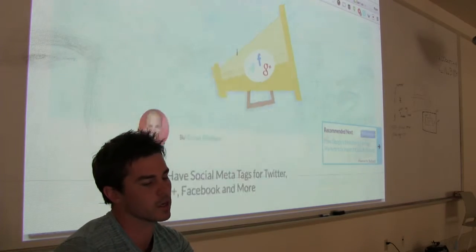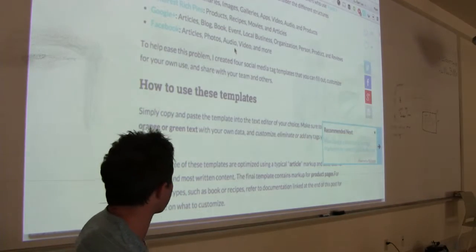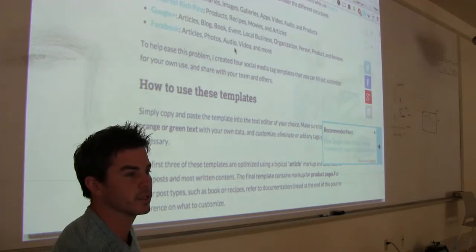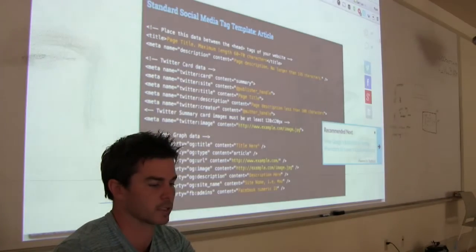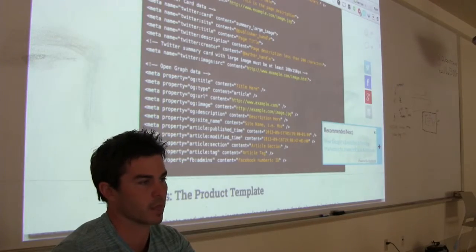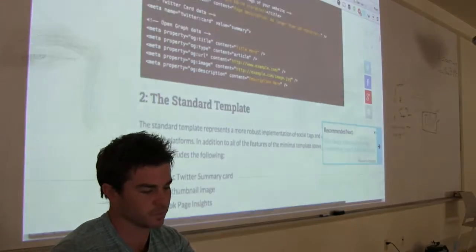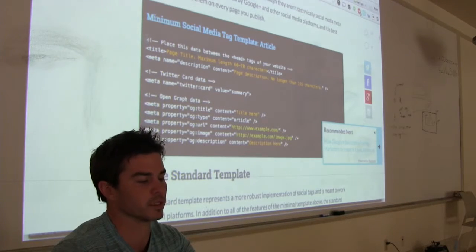So we have this article right here on how to make your site maximized for social media sharing. And you have the minimal template, you have the standard template, and it can start getting real complex, right? So we're just going to keep it nice and easy, and grab the minimal social media template right here.